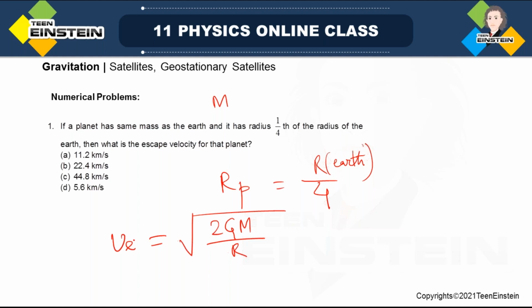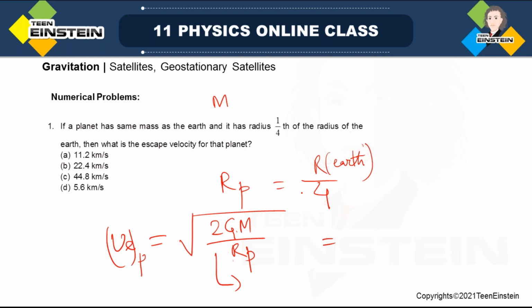Now look, for the Earth surface, this GM I write as gR square, so this will be root 2 gR. But for the given planet, I will not write this first. Let us write this itself, for P, the planet.